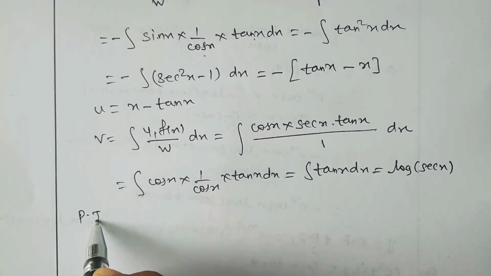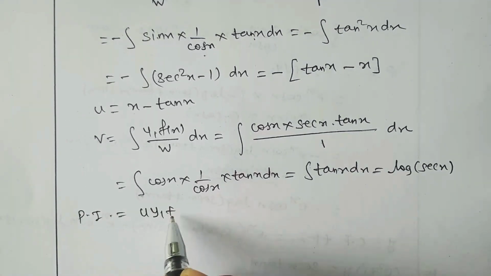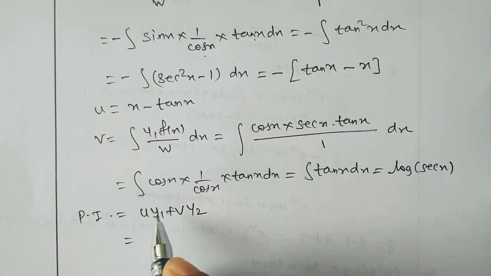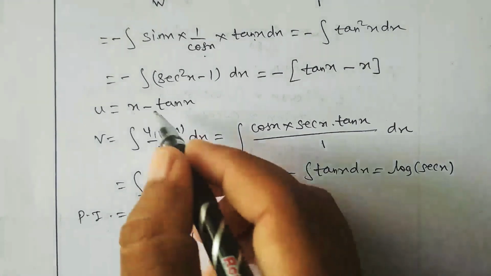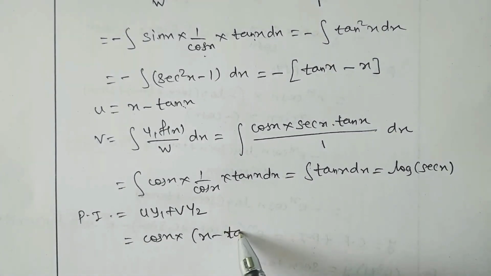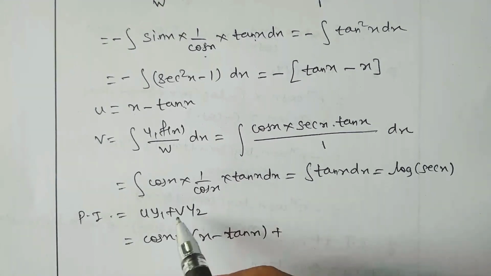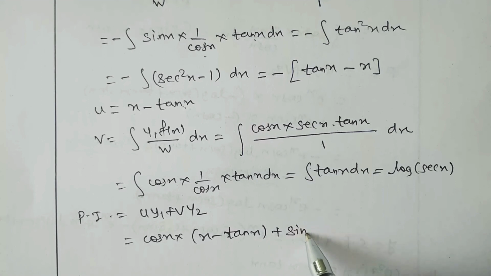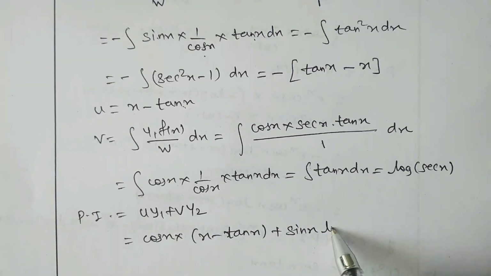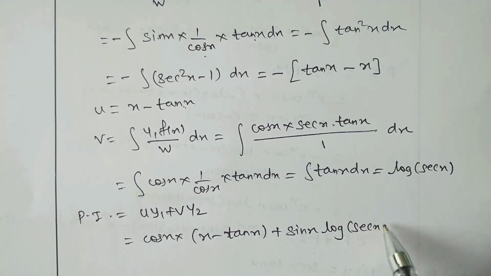Therefore PI equals uy1 plus vy2. The value of y1 is cos x into u, which is x minus tan x, plus vy2, y2 is sin x into v, which is log of sec x.